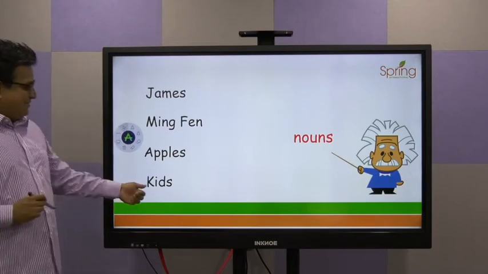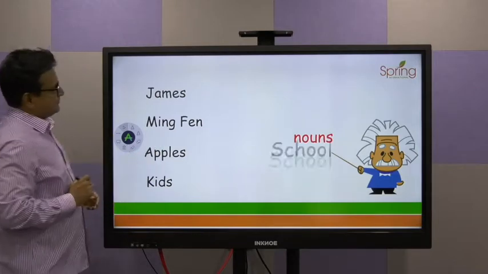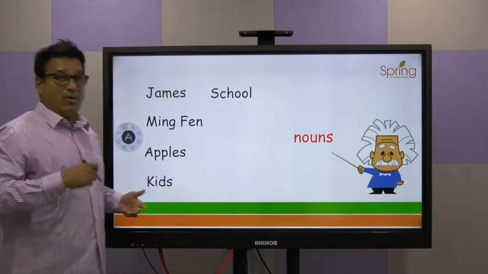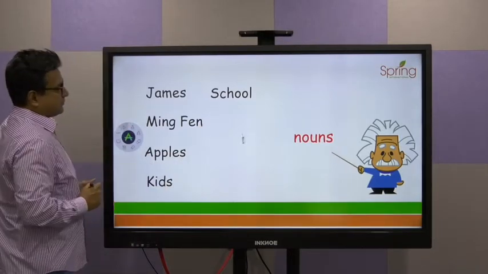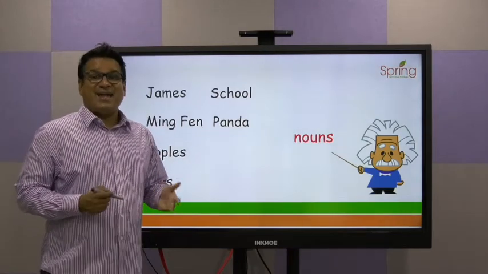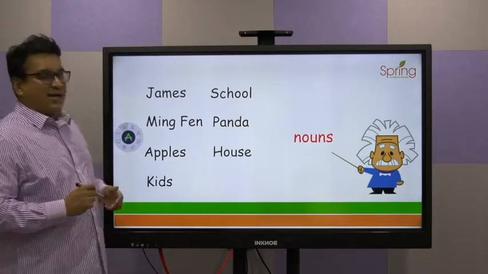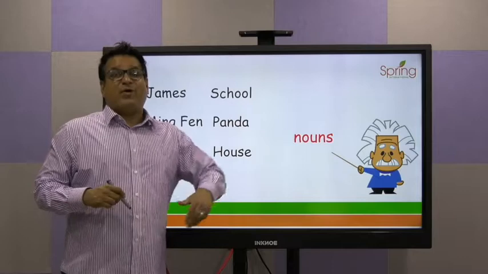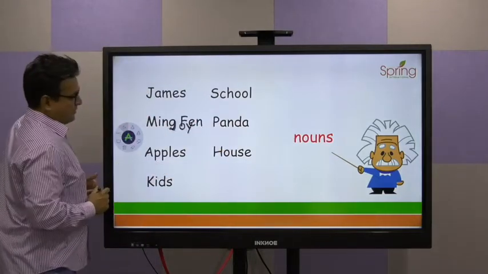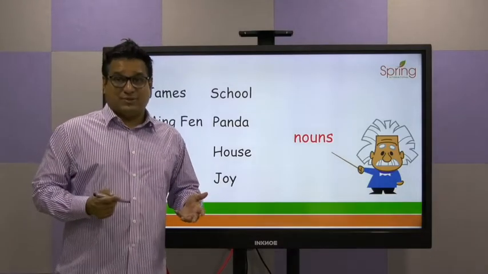Kids, the name of people. School, the name of a thing or a building. Panda, the name of an animal. House, the name of a building or place, just like school. And joy, the name of an emotion.